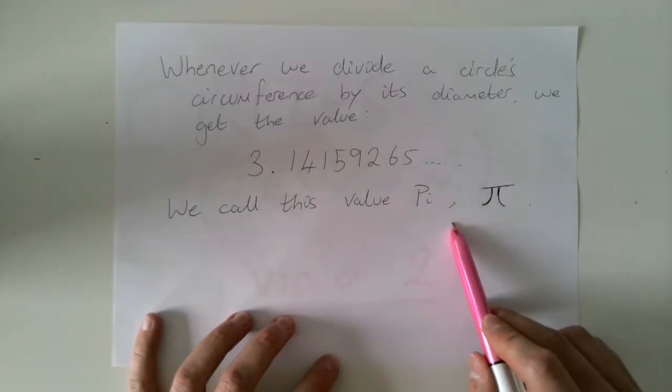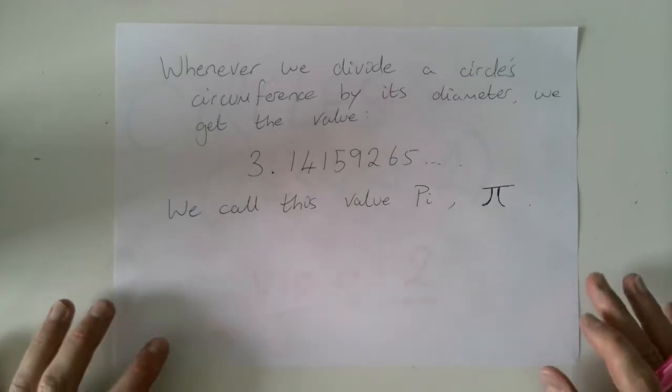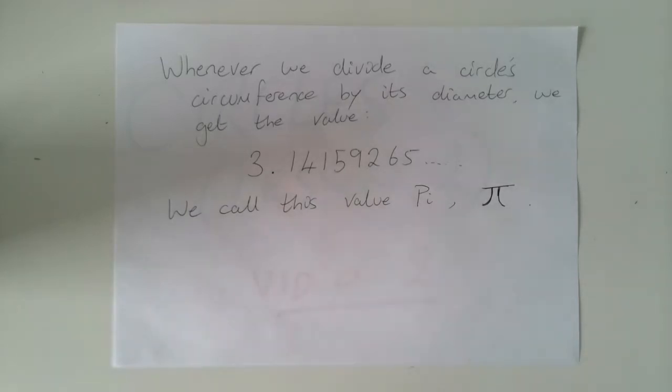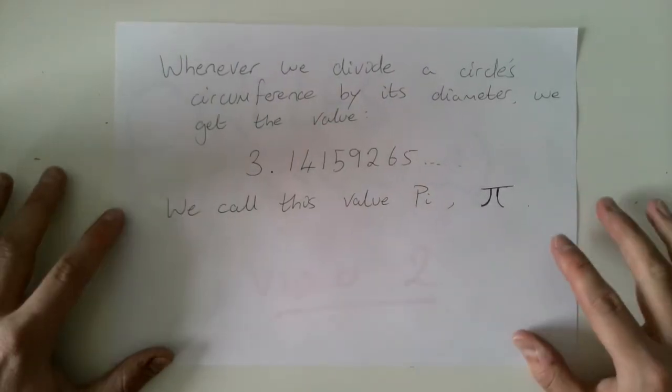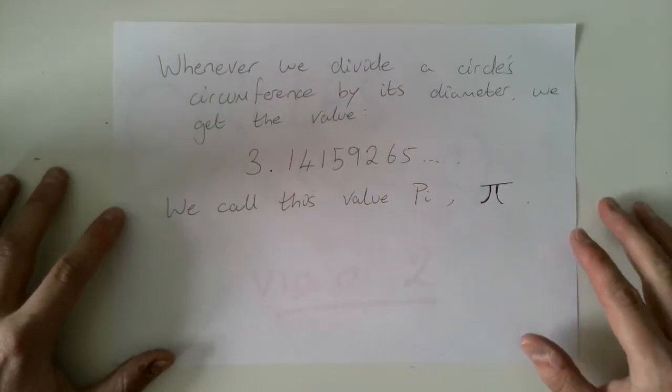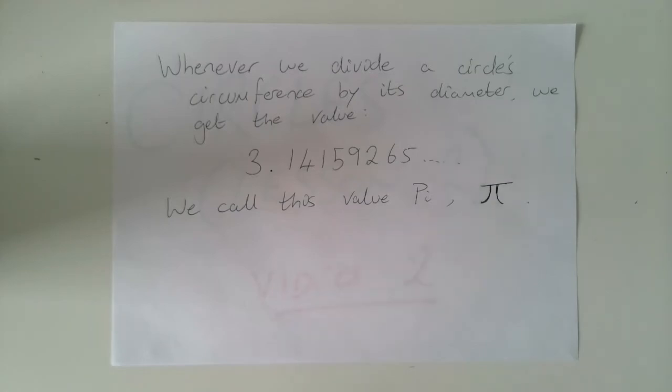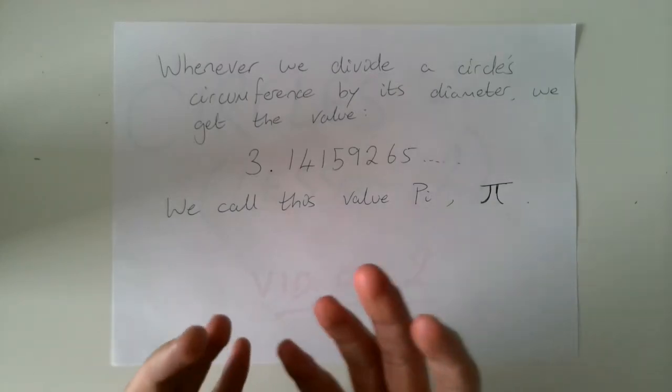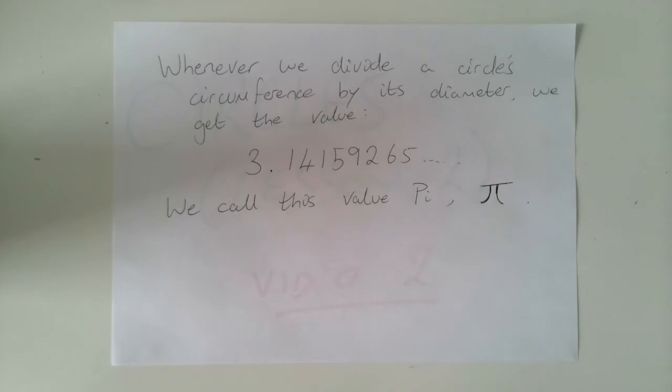Now you might have heard about pi in Year 8 already, or you might have heard about it outside of school maybe. Maybe you've come across it elsewhere. You will use pi a lot in maths over the next few years, so it's important that you know where it comes from, which is why we've done this little experiment over the last couple of lessons. Whenever we divide a circle's circumference by its diameter, we get pi, which is 3.141 blah blah blah.